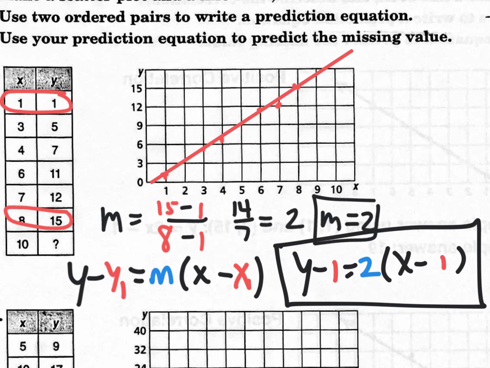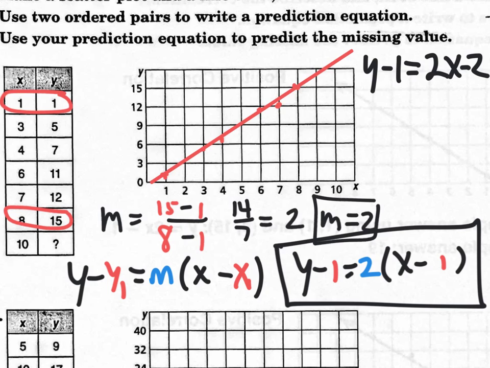Now, let's say they ask you to write the equation, your line that best fits, your prediction equation. They want you to write it in slope-intercept form. What would you have to do to that? Slope-intercept form. That's point-slope form. We have to get rid of the parentheses, distributing, right? And let me rewrite this. If I distribute the 2, I'll have y minus 1 equals 2x minus 2, correct?